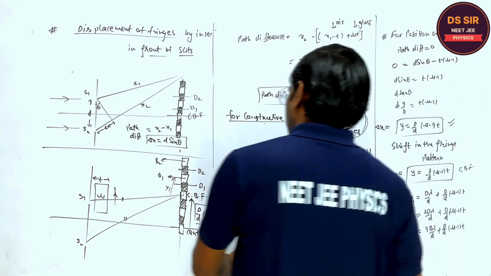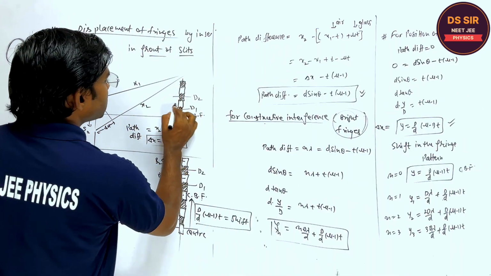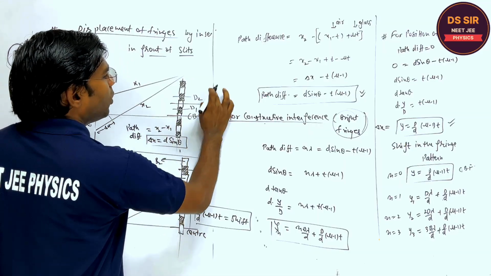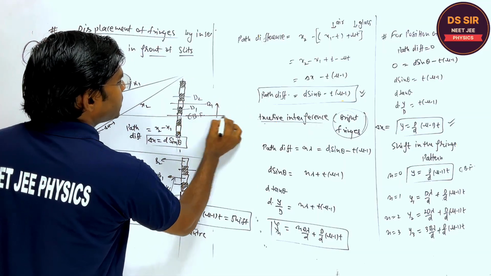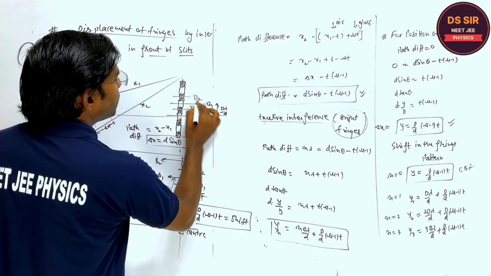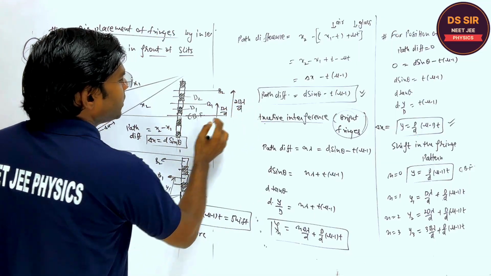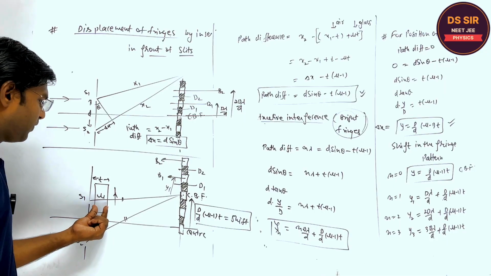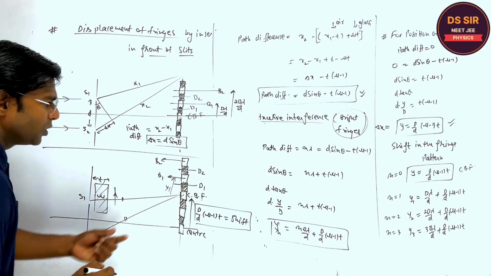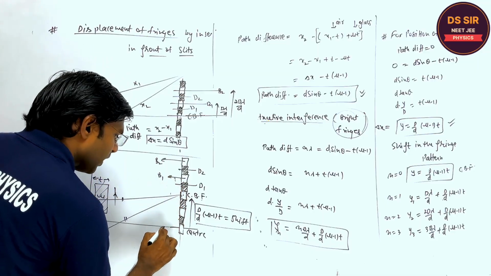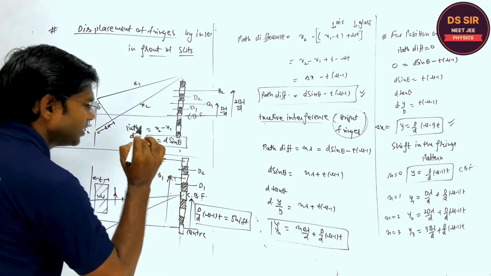Yes, listen to one thing. This is the y1. Suppose this is the b1. How much distance is this? This distance was d lambda over d. For b2, what is the distance? It is 2d lambda over d in normal YDSE. But when the glass slab is inserted, what is the distance of y? This is the distance of y1 from the center.